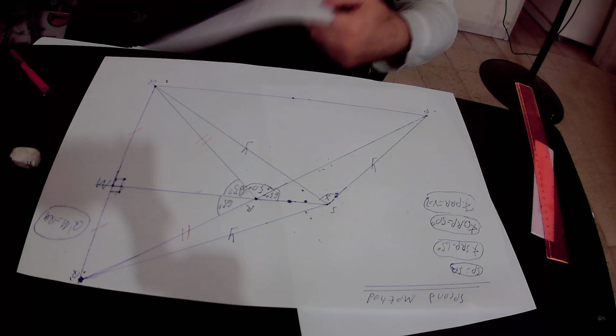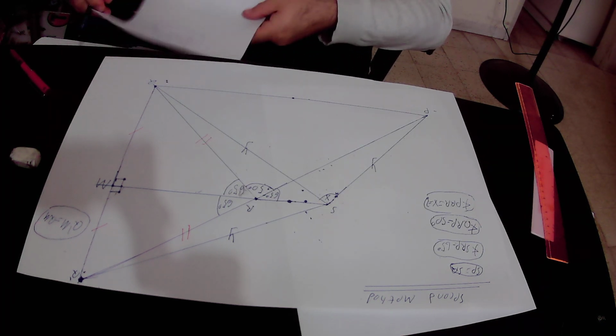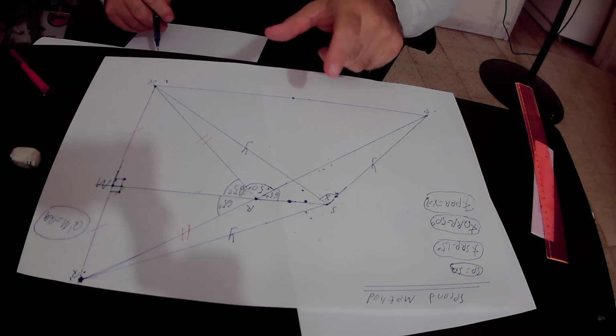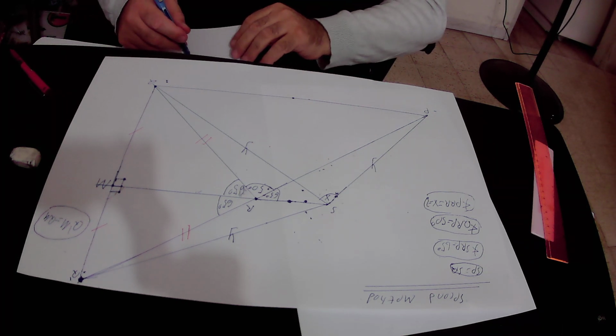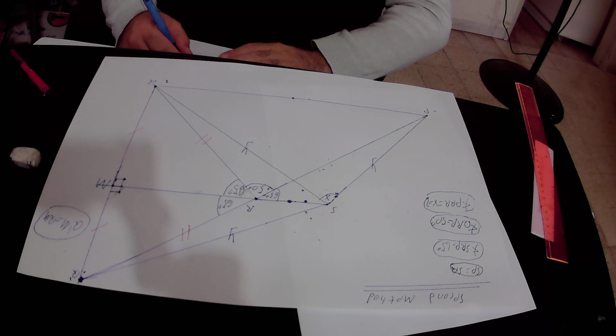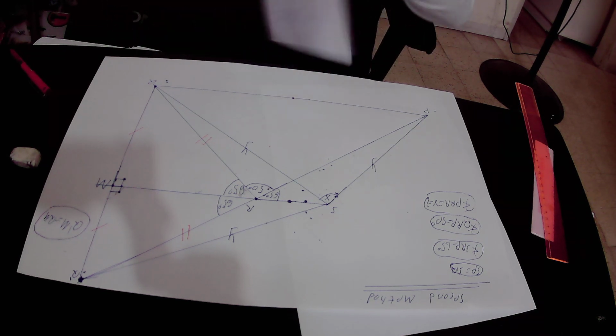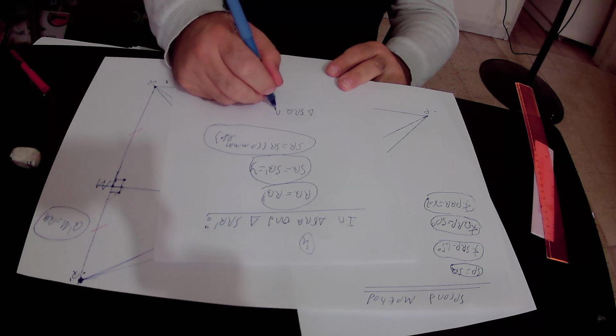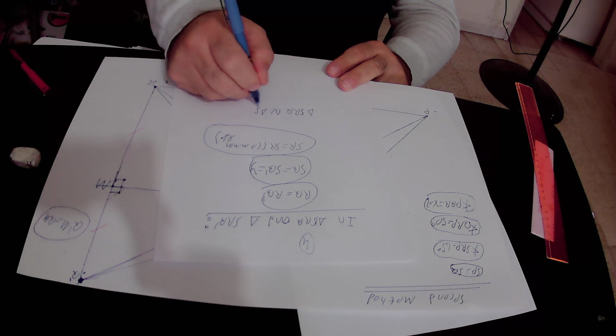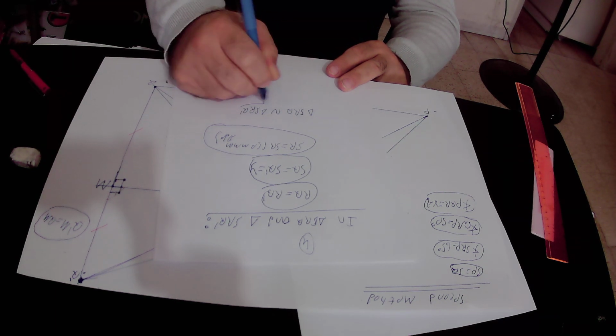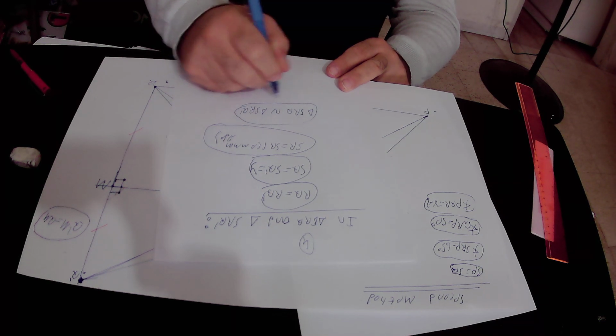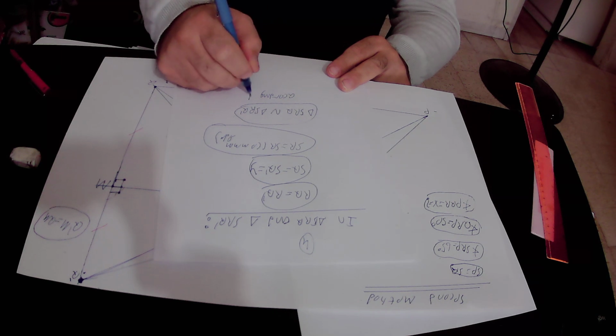Therefore, we proved that triangle SRQ is congruent to triangle SRQ dash according to the side rule.